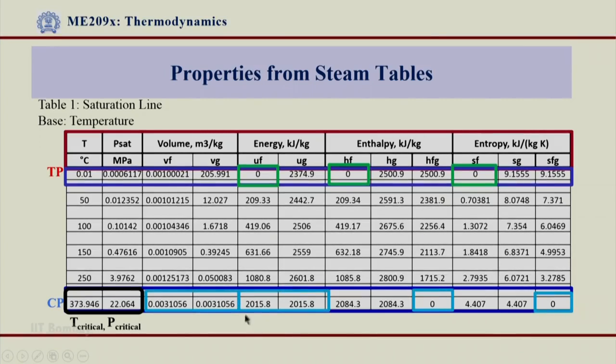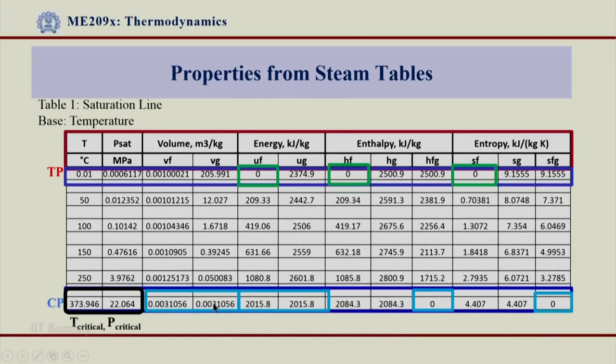Also, as I had told you earlier, as you go to the critical point, the saturated liquid line gets merged with the saturated vapor line, or they meet at the critical point, and therefore at this point Vf is equal to Vg, Uf is equal to Ug. The liquid and the gas cannot actually be distinguished at the critical point, and therefore the properties are the same.